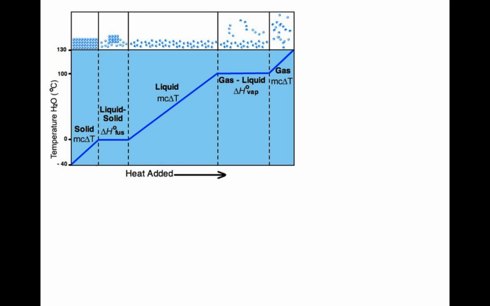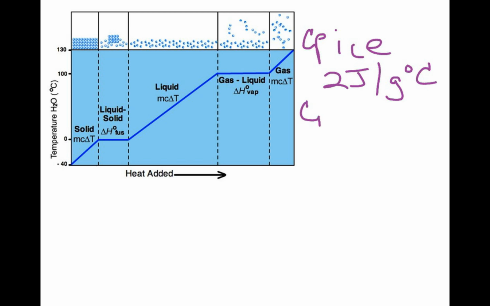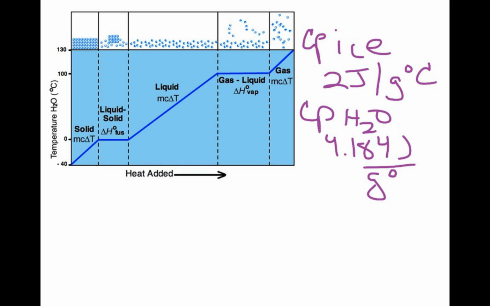Now, we need to know the values of some constants. For example, we need to know the specific heat of ice, which is 2 joules per gram degrees Celsius. We need to know the Cp of water, that's liquid water, that's 4.184 joules per gram degrees Celsius.